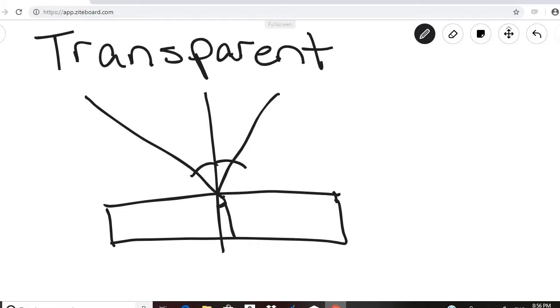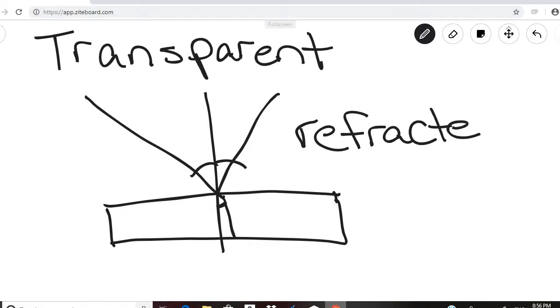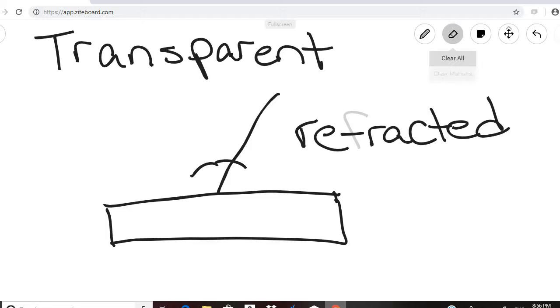And this part of the beam that bends, we say that it is refracted. Okay, so then we ask the question, why does this happen? And is there a way that we can calculate what the refracted angle will be?